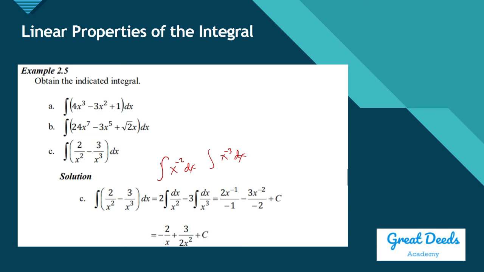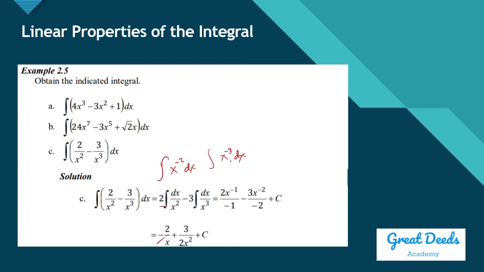That is our definition of negative exponents, and you will apply your power rule. You will just copy 2. This becomes negative 2 plus 1, which is negative 1, all over negative 1. So x to the negative 1 is 1 over x.